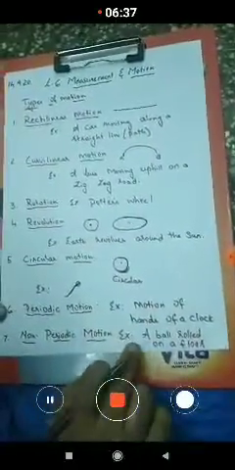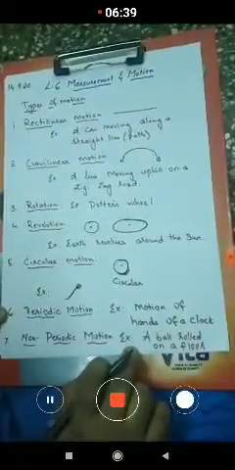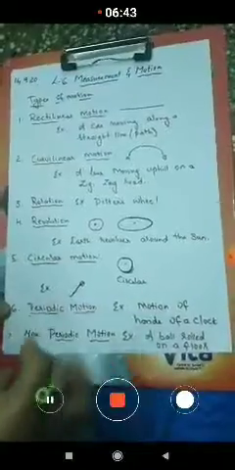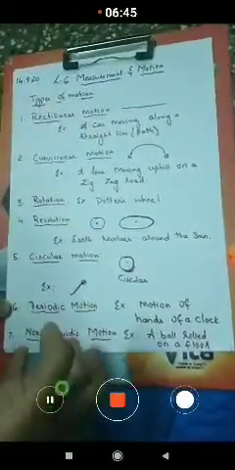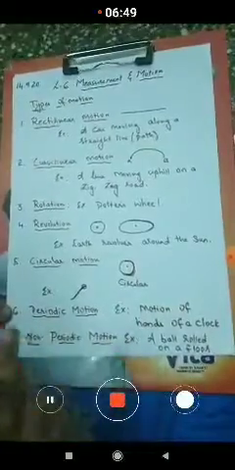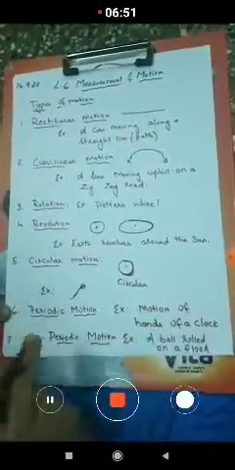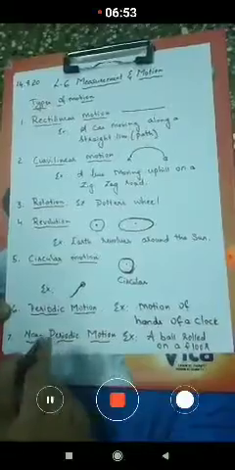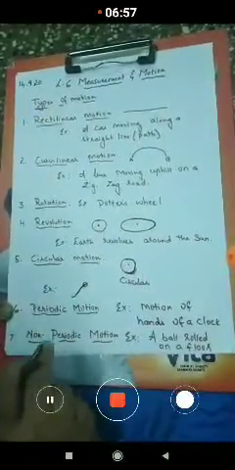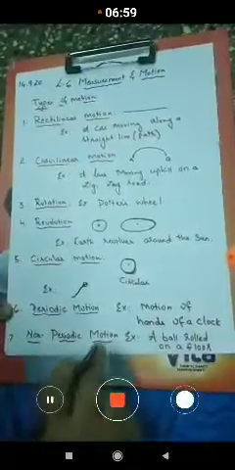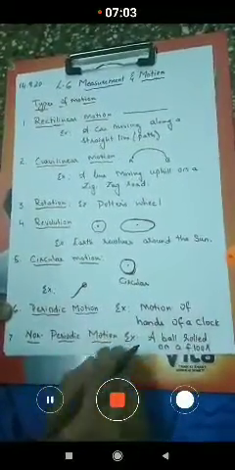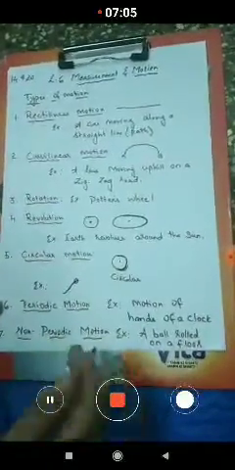So this type of motion does not repeat itself. We have pushed the ball, it moved a certain distance and it stops. Such motion which does not repeat itself after regular intervals of time is called non-periodic motion. Example, also we can give the kicking of a ball.